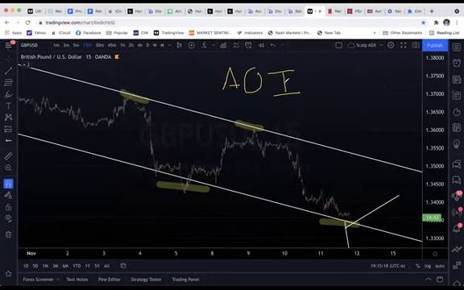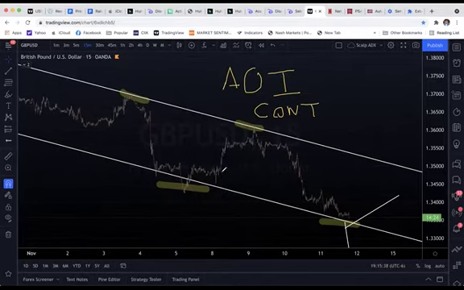So this is an area of interest. This also is a continuation trade here based on the 15-minute, because it is an obvious downtrend, right? And so this will be a continuation of the trend.